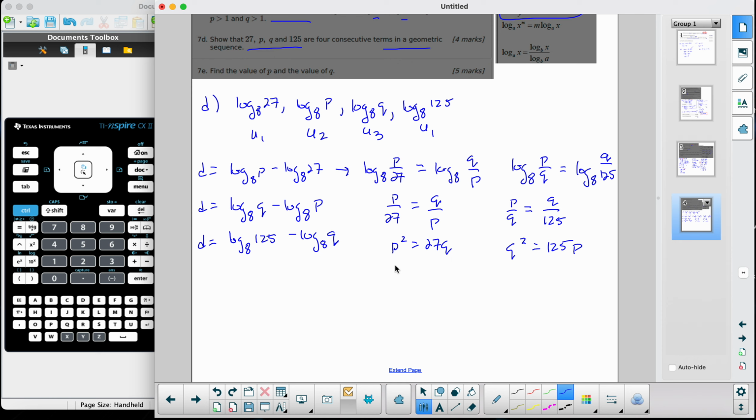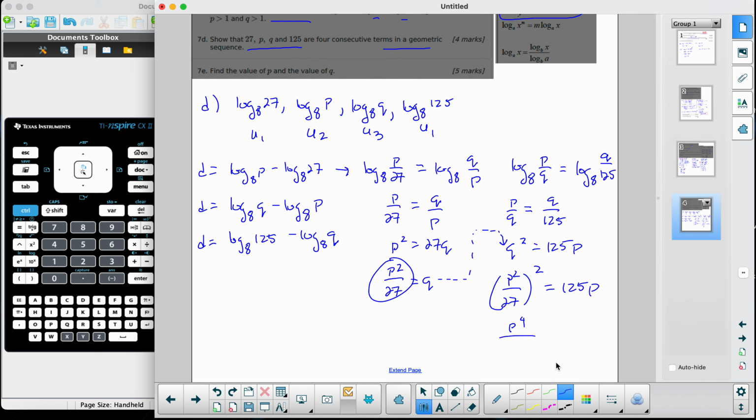I'm going to divide by 27, so P squared over 27 is equal to Q, which I can then plug in to here. I can replace this Q with P squared over 27. So P squared over 27 squared is going to equal 125P, right? So P to the 4th over 27 squared.